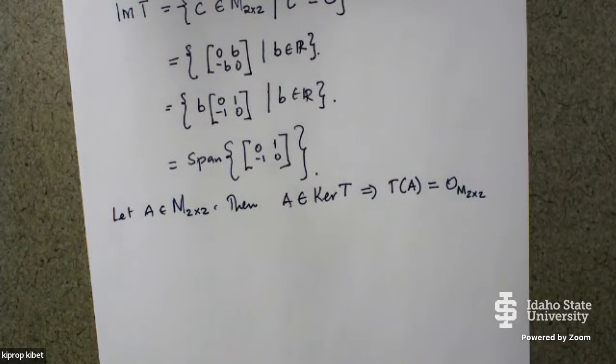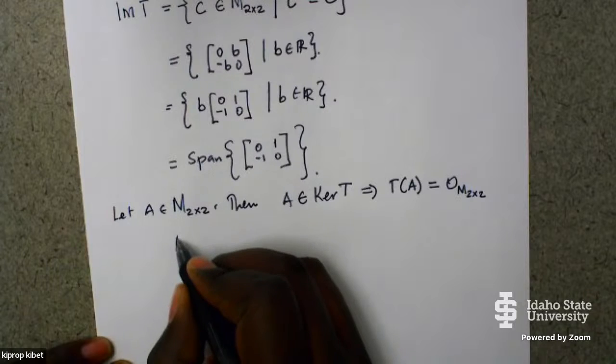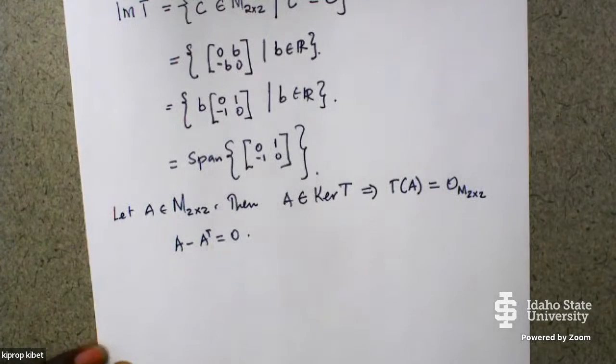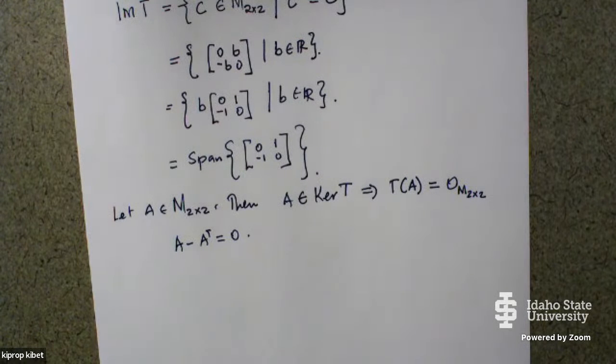Then A minus A transpose is equal to 0, because we said T of A is equal to A minus A transpose, and for the kernel, T of A is equal to 0.